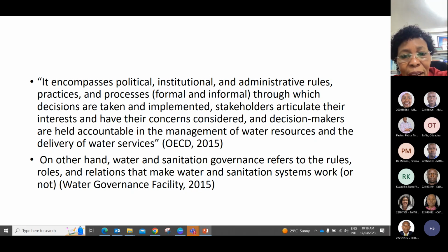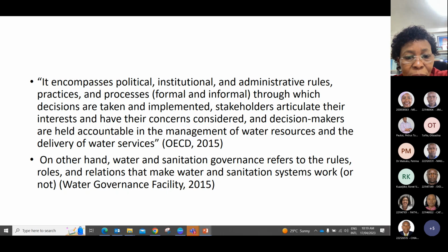People have to be accountable. But also, the interests of stakeholders have to be considered. And these stakeholders must be able to articulate their interests, for their interests to be taken into account, for those who are in position to do that. And those who are in position to do that must also be held accountable.